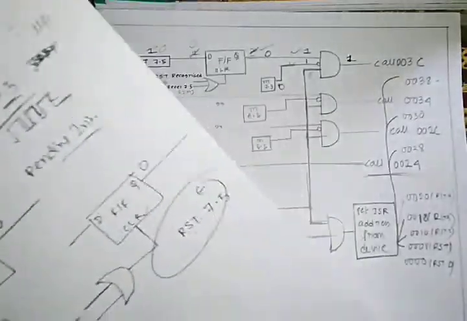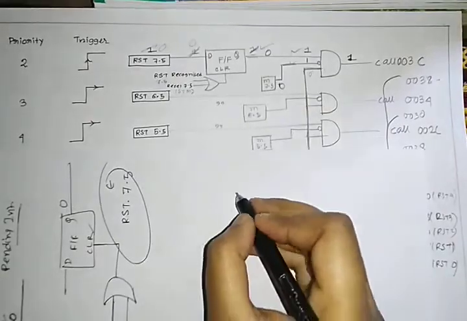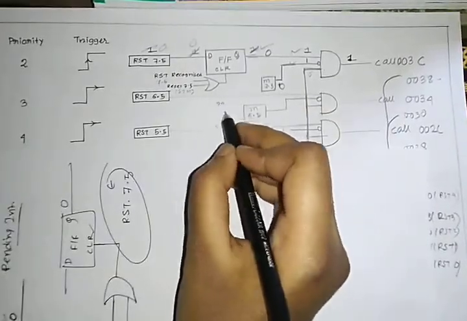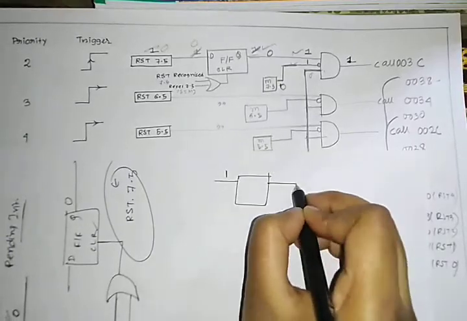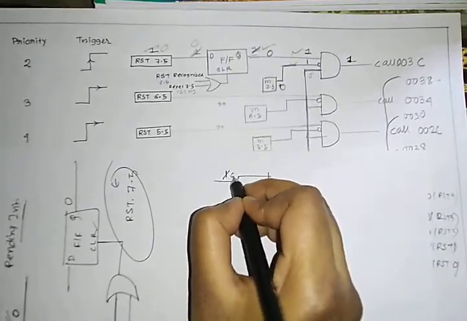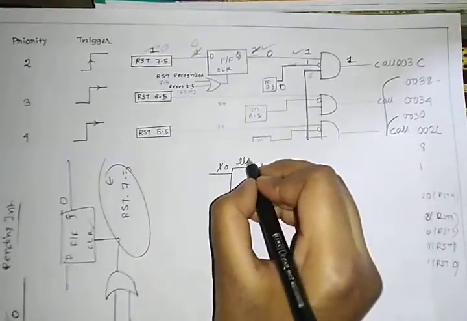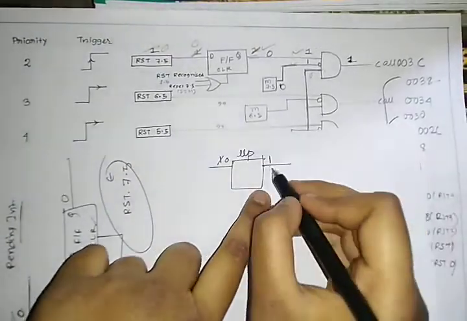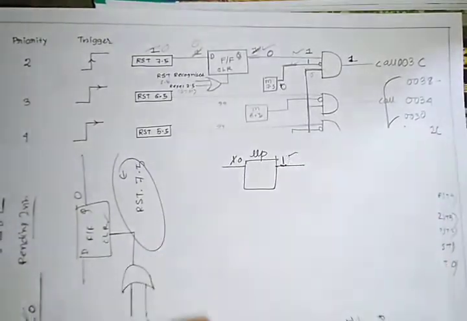But see, in these 2 cases, the flip-flop will just show this is 1 and the MUP will just see that this is 1.